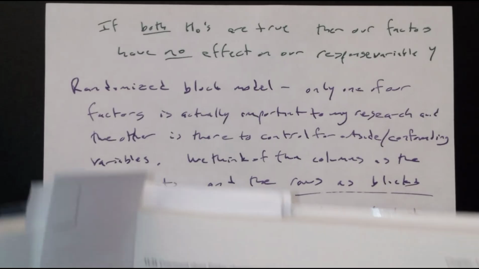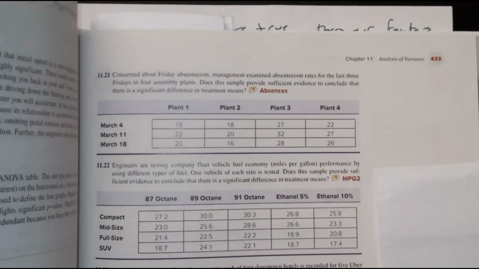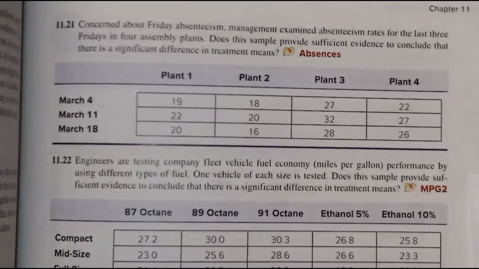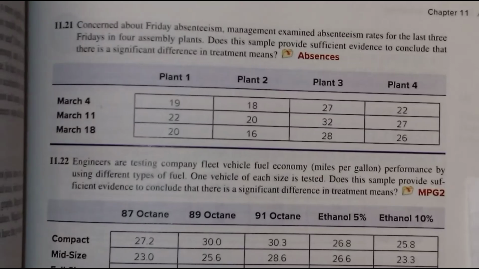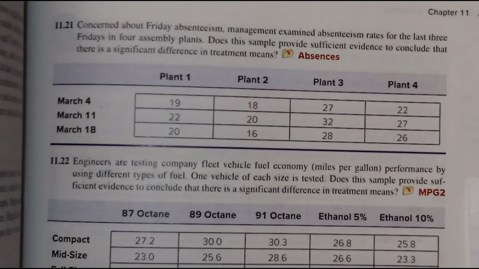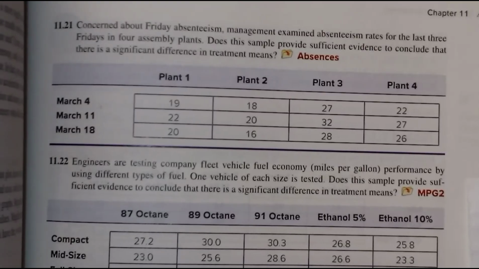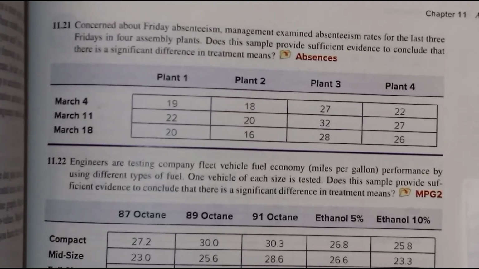So here is problem 21 on page 433. Concerned about Friday absenteeism. Management examined absenteeism rates for the last 3 Fridays in 4 different plants. Does this sample provide sufficient evidence to conclude that there is a significant difference in treatment means?